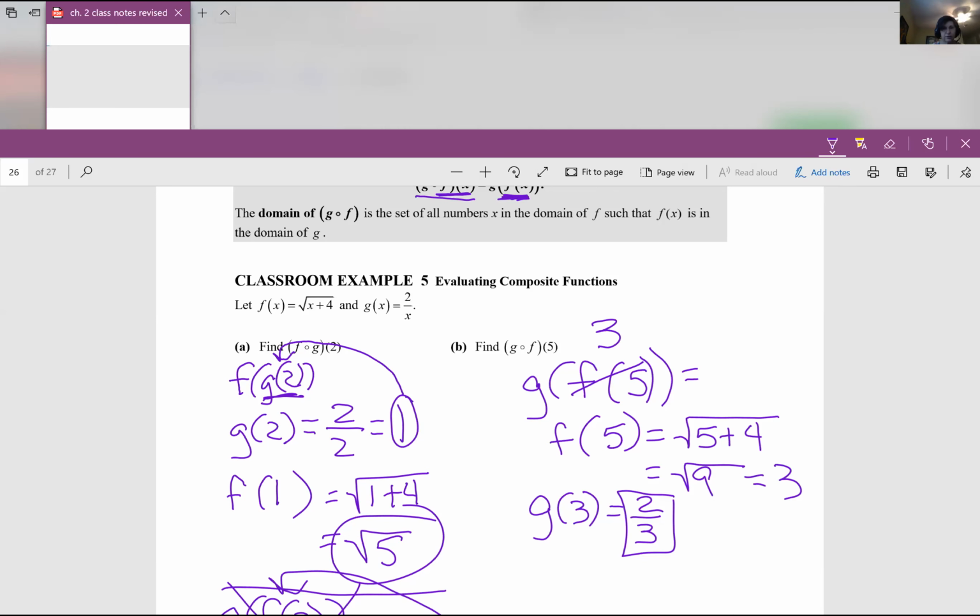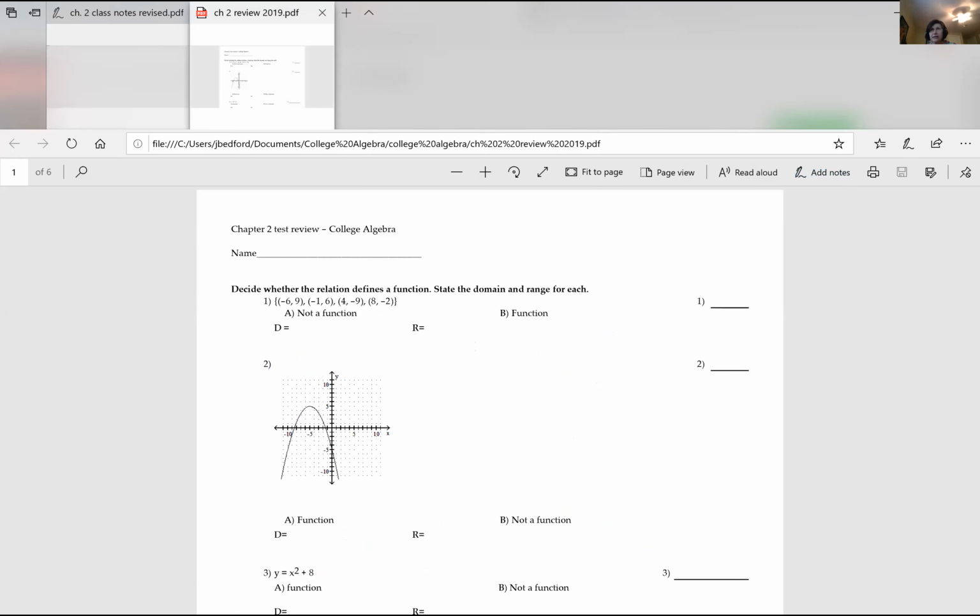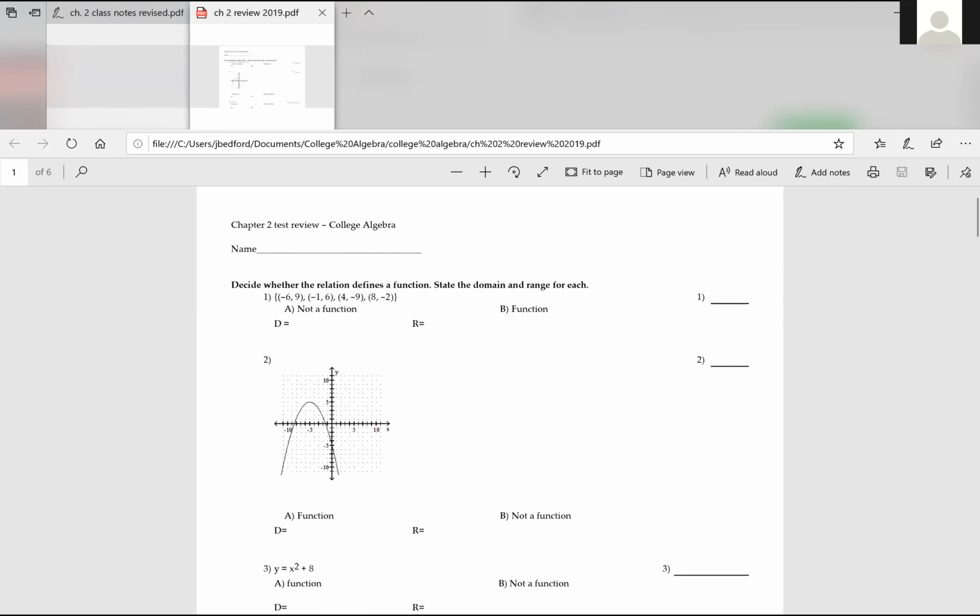That chapter 2 review that I've got loaded into Canvas. Do you remember how to find it? Where do you go? What do you have to press? Modules? Thank you. You got to press modules and then go to module 2 and you'll see it there.